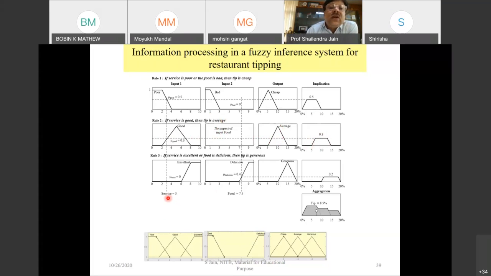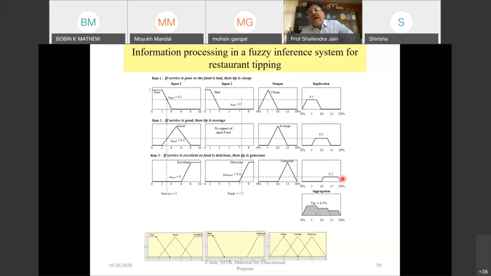For rule 3, service is excellent, so it is 0. Food is delicious, so 7.5 has an intersection of 0.2 with the delicious membership function. Again I am using the OR operator, so the max of 0 and 0.2 is 0.2, with generous as my output. So this is my output 1, output 2, and output 3.